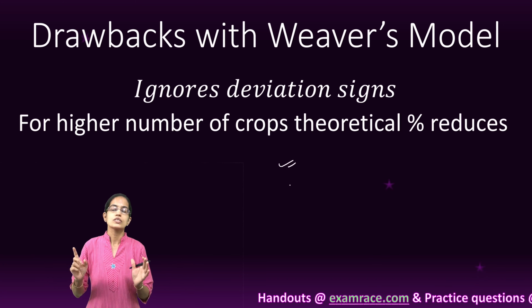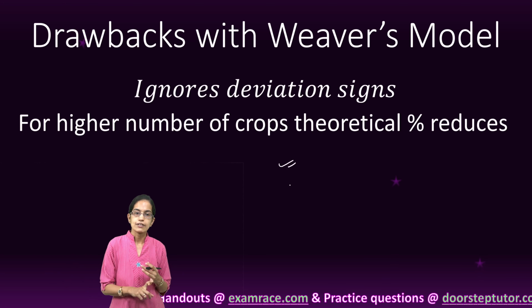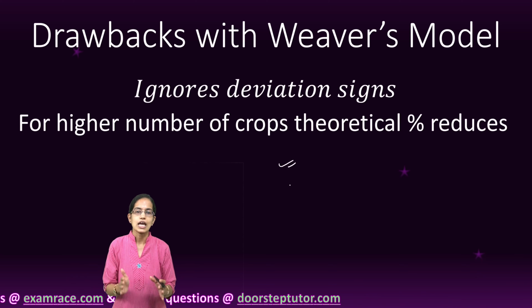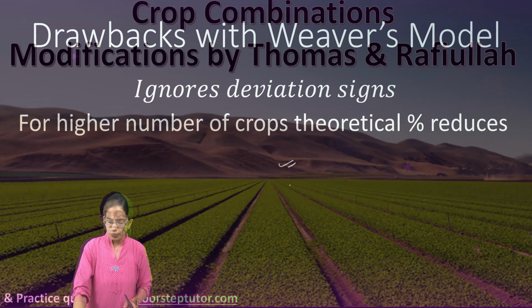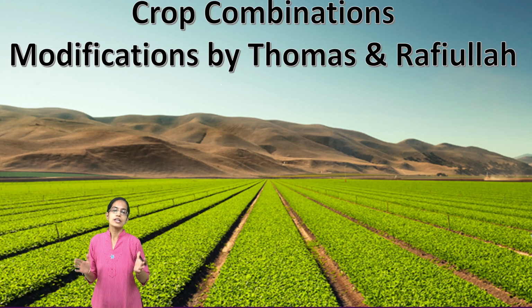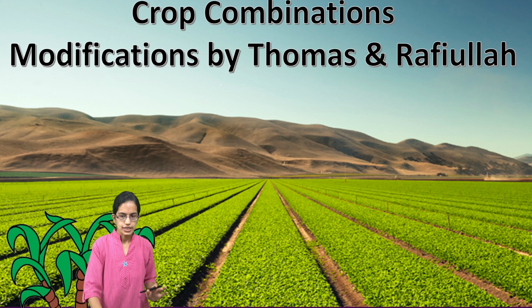So that was some of the major drawbacks which were cited with the Weaver's model, and therefore revised versions by Thomas and Rafiullah were brought into account. So Weaver's method was criticized by Thomas and Rafiullah, and there were changes that were brought in the crop combination method which was laid down by Weaver.